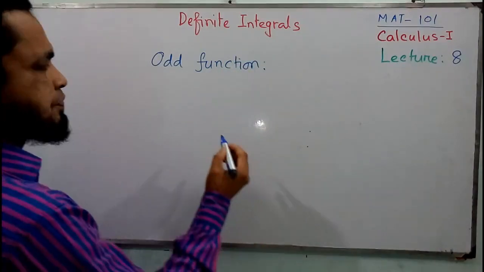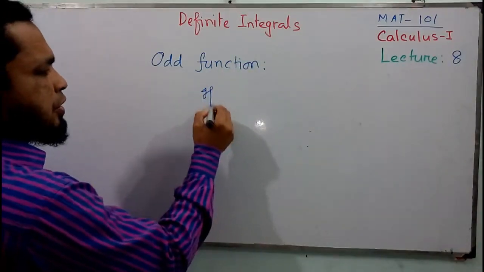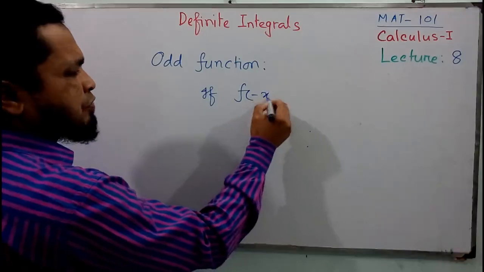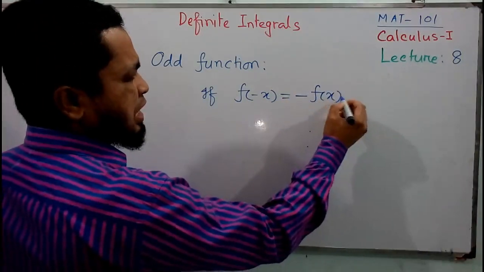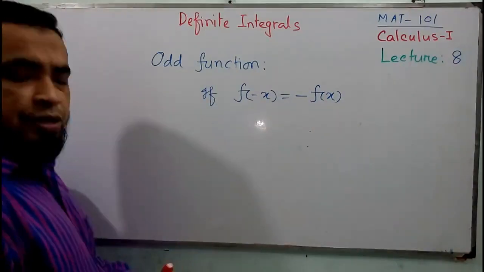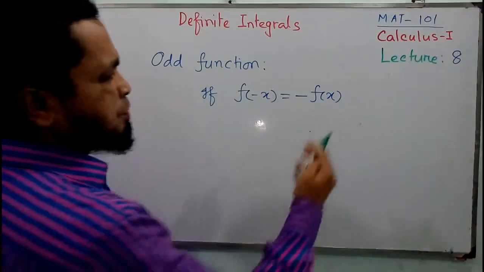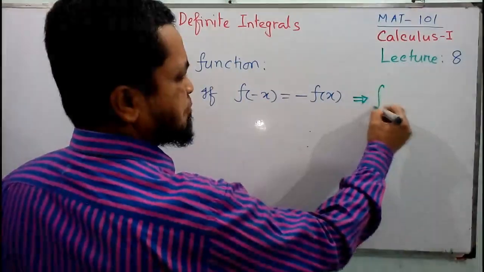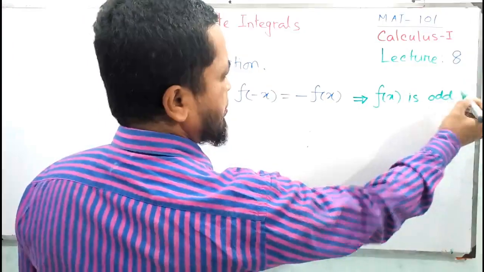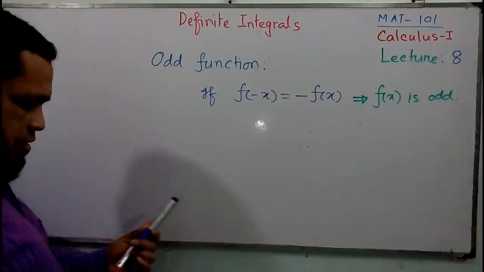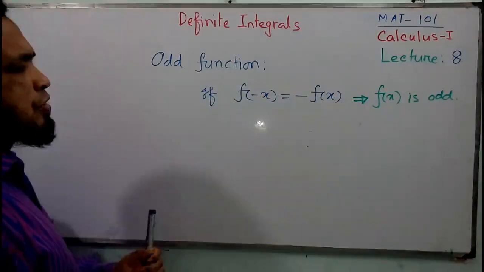Odd function: if f of minus x equals minus f of x, it implies that f of x is odd. This is the first definition, of an odd function.